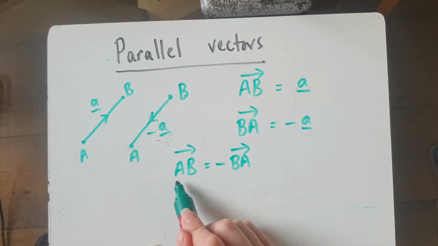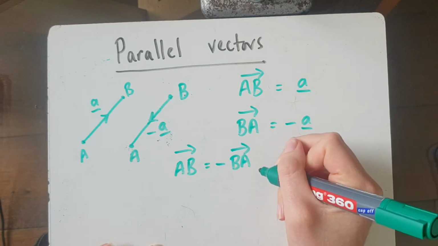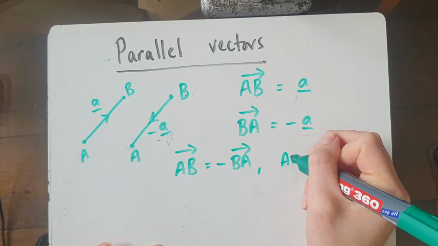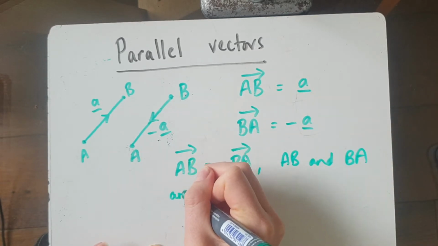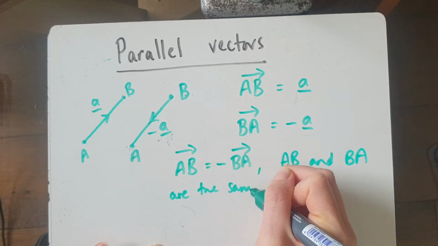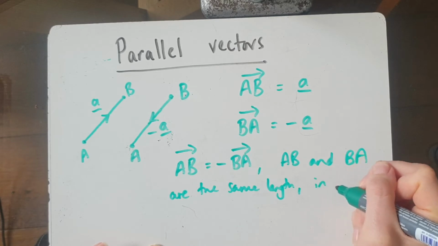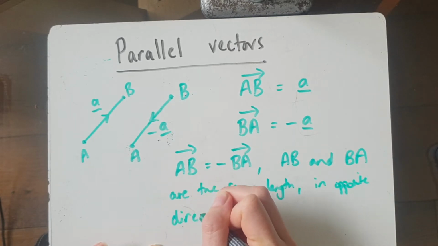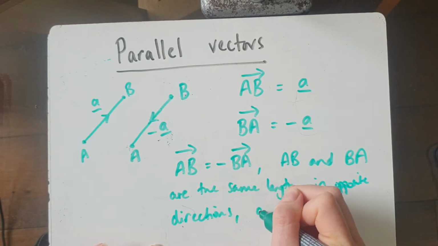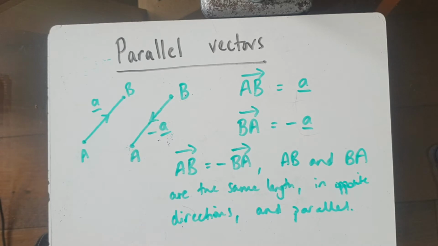So A to B is the negative of B to A, which means AB and BA, remember that's the line segments, are the same length, in opposite directions, and still parallel. So copy that down as well, please.